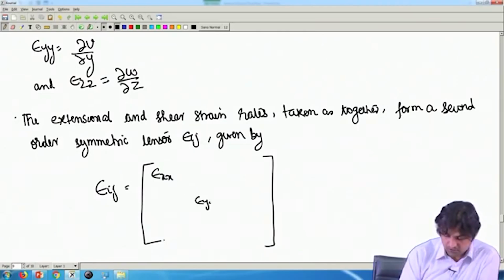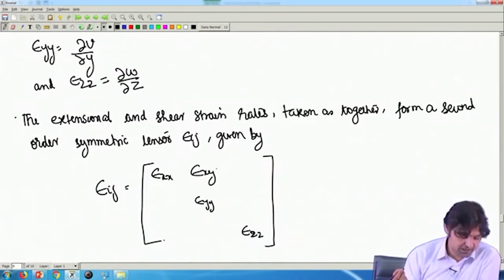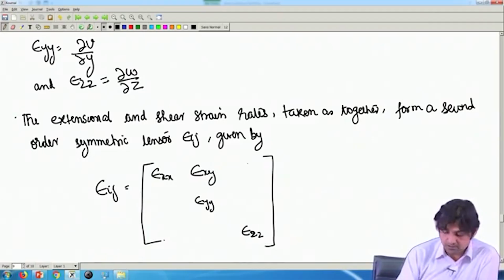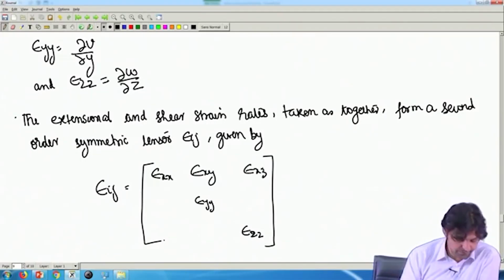So, we have actually found out the values in terms of del v del x, del v del y, del v del z and other similar components.